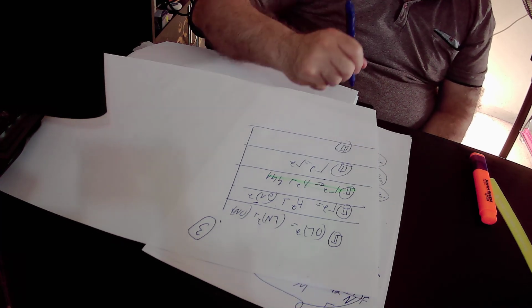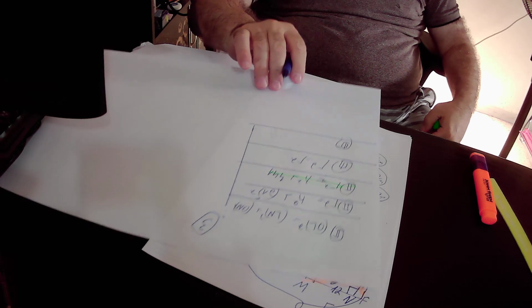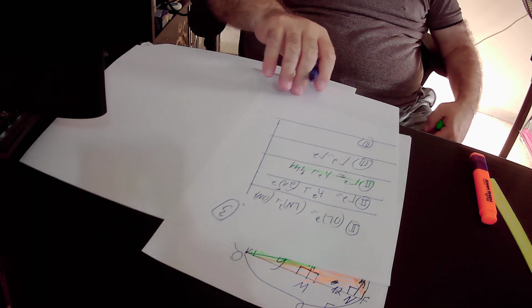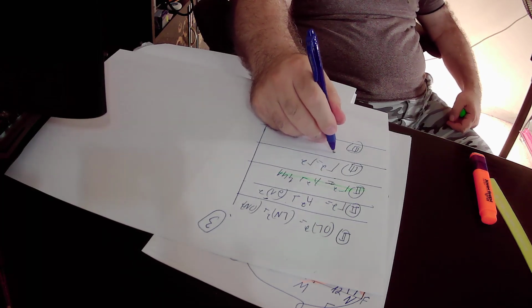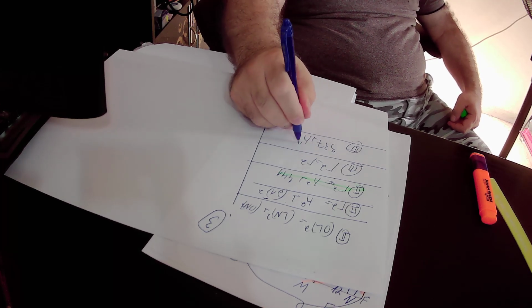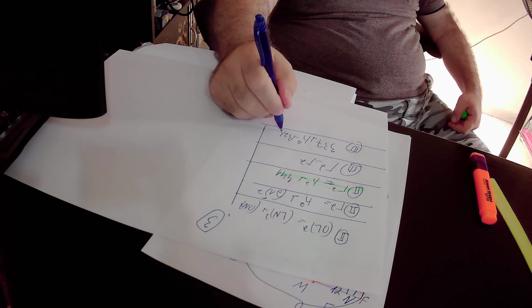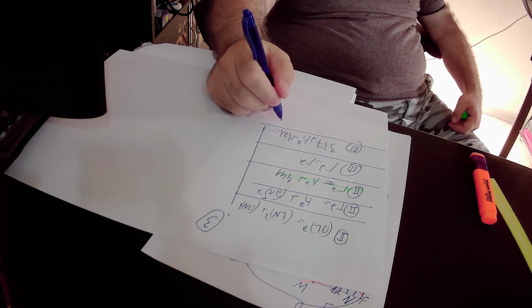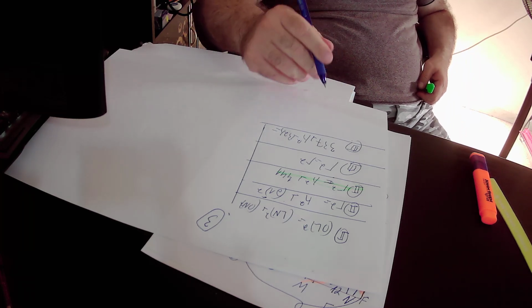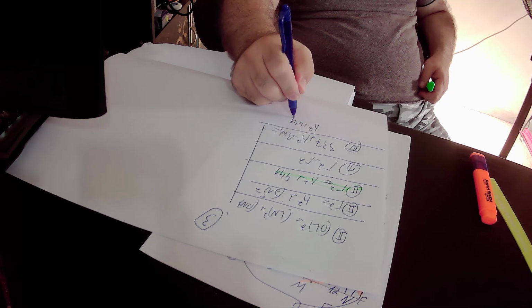So R square according to equation number 1 is equal to 337 plus H squared plus 32H, and it must be equal to R squared according to equation number 2, that is equal to H squared plus 441.